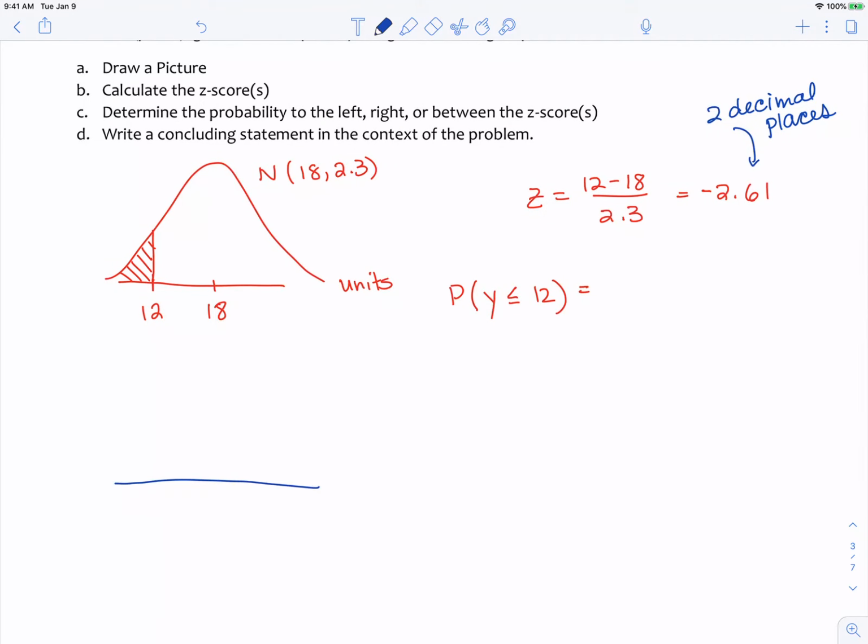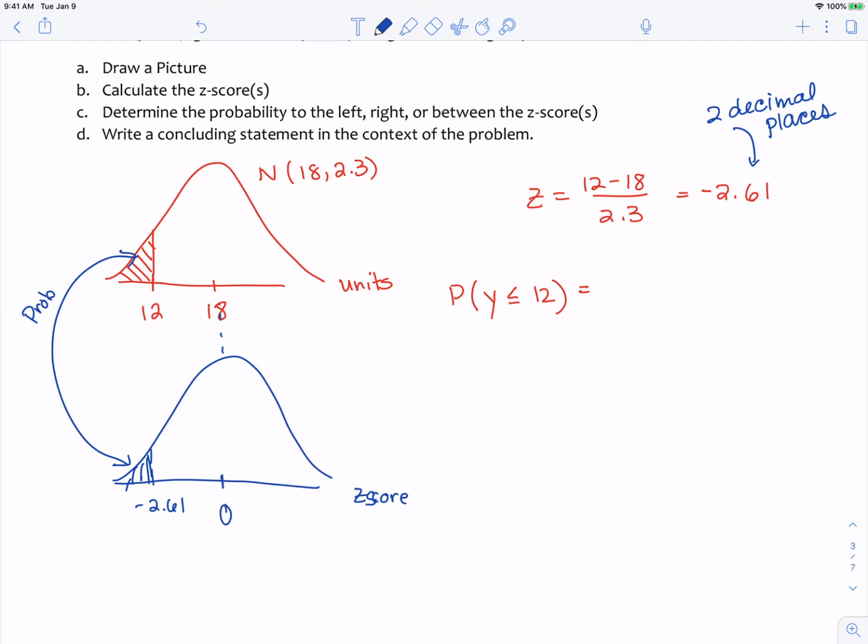Okay, so I'm going to show that. So I'm going to have a different distribution, and this is going to convert all of these values to its z-score equivalent. And so 12, that's actually a z-score of negative 2.61. And it turns out that those densities are going to be the same, namely that these probabilities will be the same.